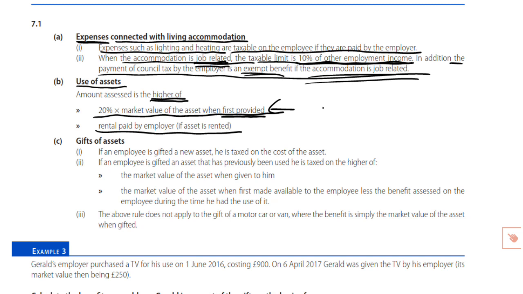And what that would equal would be an annual benefit. That would be the annual benefit that you would compute.